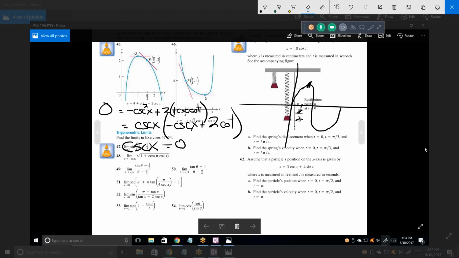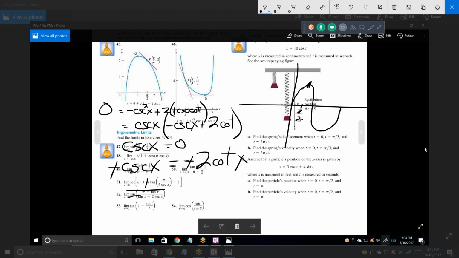And the other solution is where minus cosecant x is equal to minus 2 cotangent x. Now, this isn't that easy to solve either, is it? It's always tough solving trig equations when you have different trig functions. If you can get everything into the same trig function, then you're a lot better off. Well, let's see what we got here.